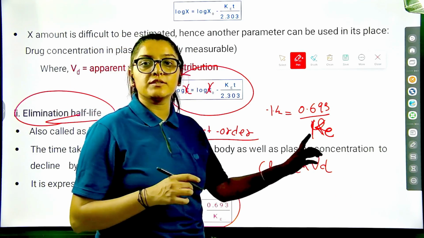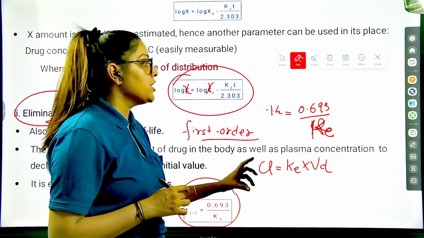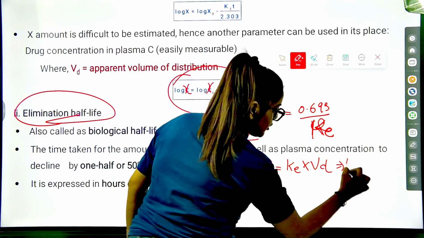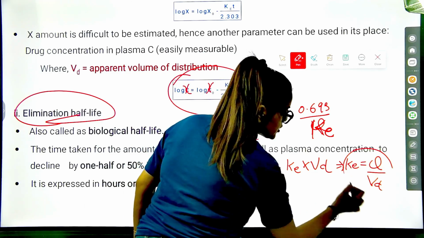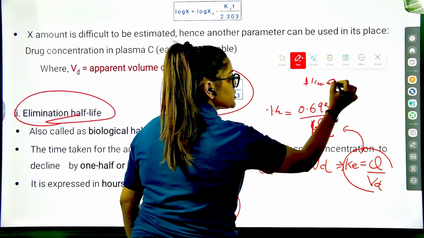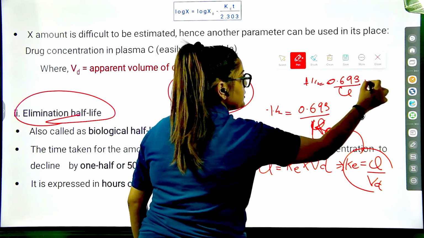Ke is the elimination constant, Vd is the volume of distribution, and clearance is Cl, right? We can substitute this into the formula as well, whereby you can put the value of Ke as clearance upon Vd. So we get t1/2 = 0.693 into Vd upon clearance.